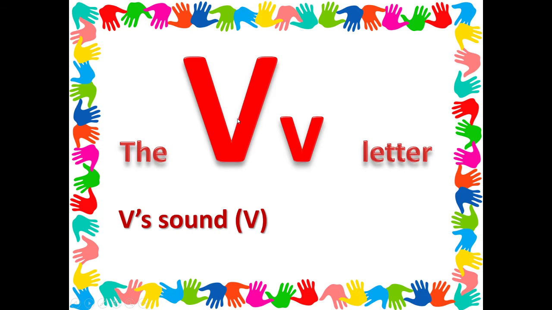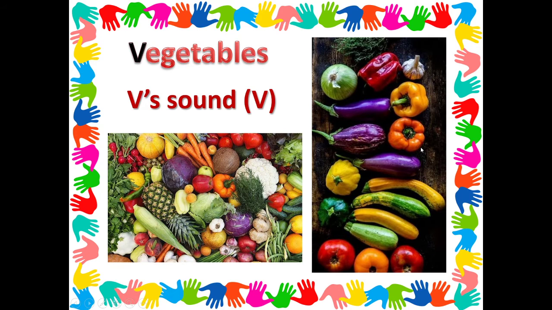Now let's go to the next letter. V. V capital, V small. Now, what's the sound of the letter V? It's V. Okay, this is the sound of the letter V. V, vegetables.